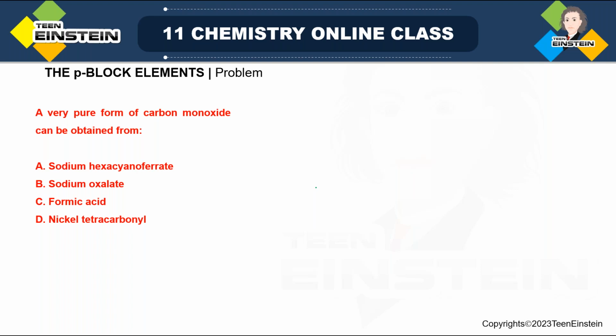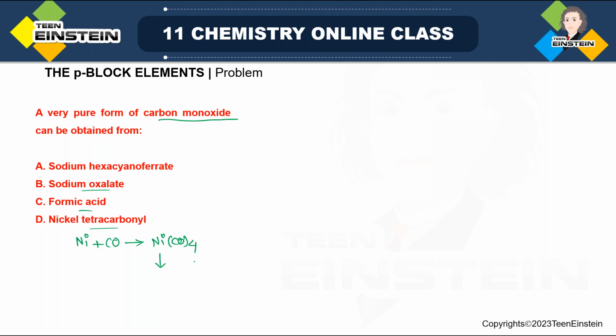Next question, that is also related to carbon monoxide. A very pure form of carbon monoxide can be obtained from sodium hexacyanoferrate, sodium oxalate, formic acid, or nickel tetracarbonyl. So remember, we have just seen in the application slide, the first slide of today's class, how starting from nickel and CO at 330 to 350 Kelvin, first we make nickel tetracarbonyl complex and then we heat it.